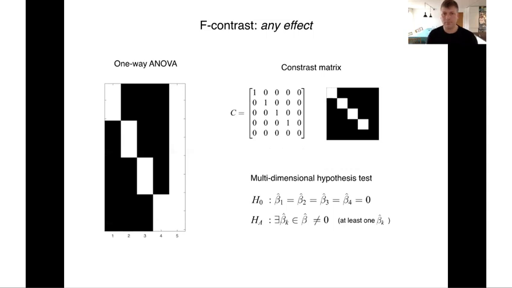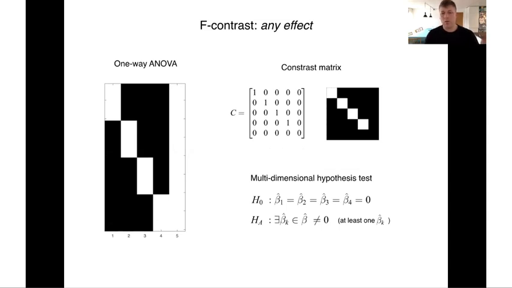So more generally, we could illustrate this with a one-way ANOVA, where we could have 4 different groups. So imagine we had a group of patients with schizophrenia.